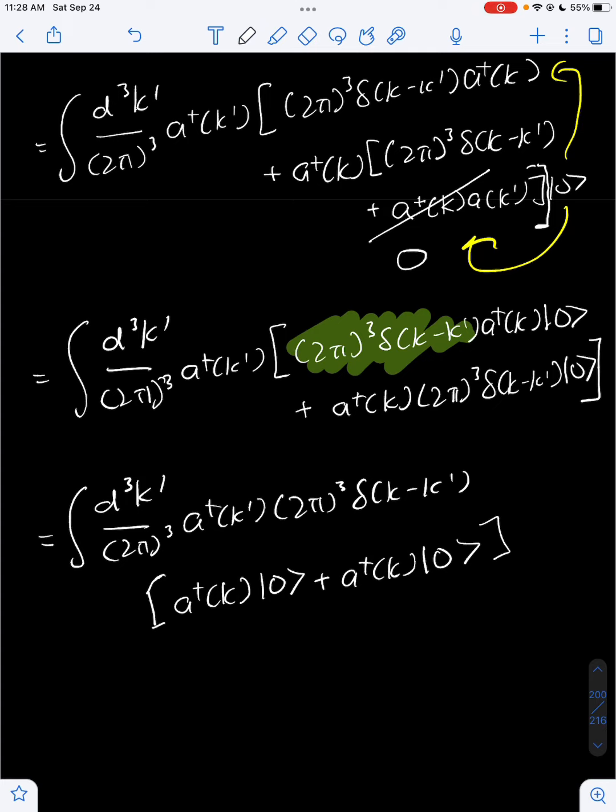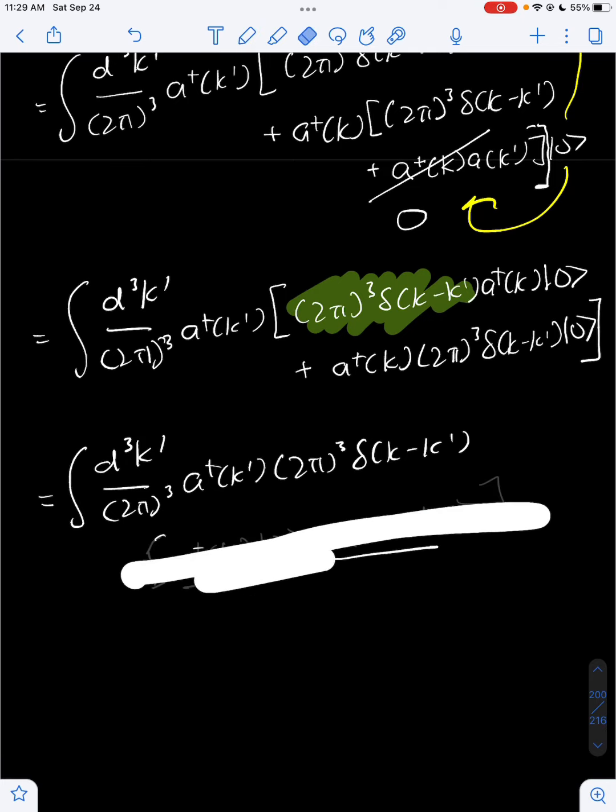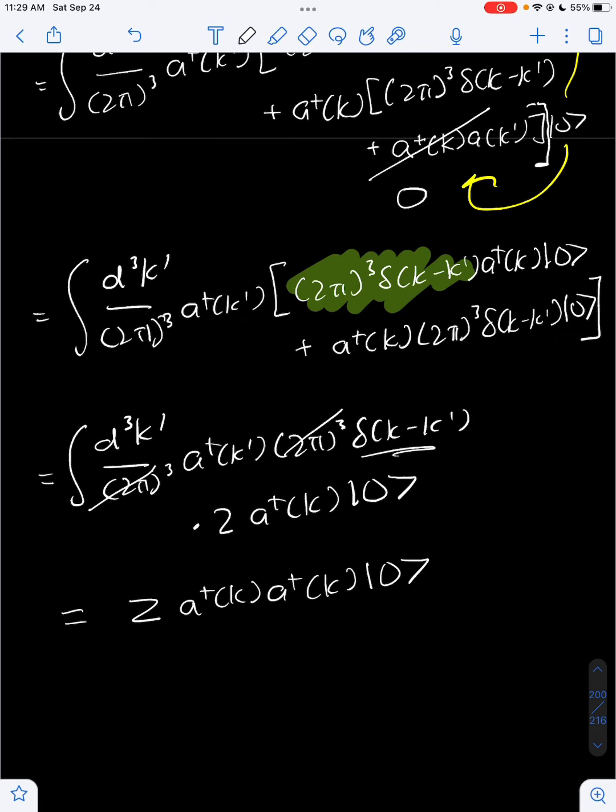And we can notice that we have the exact same term twice, and that's just going to give us 2 times the same term, so 2 times A conjugate K acting on the vacuum state. We can then just use the property again about the delta function. These cancel out, and this is just going to give us 2 times A conjugate K acting on the vacuum state.